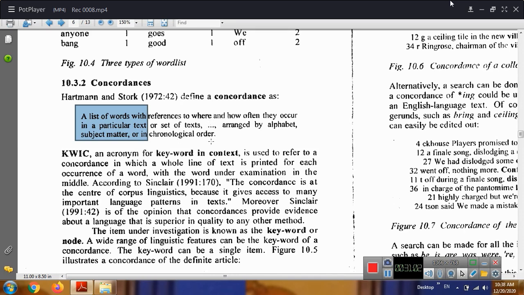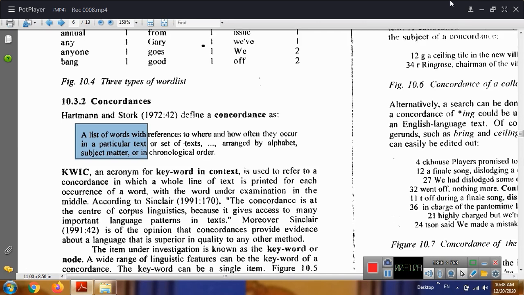By chronological order, we mean by their time, the old one comes first, and after that we have the new one. Again, the definition of concordance is a list of words with references to where and how often they occur in a particular text or set of texts, arranged by alphabet, subject matter, or in chronological order.